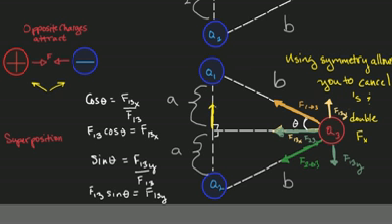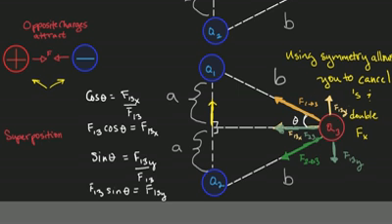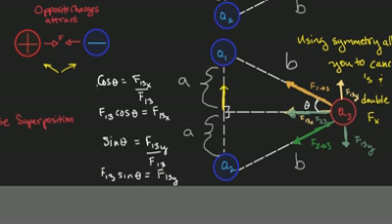Sometimes you'll be given the distances. Sometimes you'll be given the angles. So here's an example. If I was looking at force 1, 3, which is this one right here, I could break it down into the x component and the y component. And I already told you the two y components are going to cancel each other out.